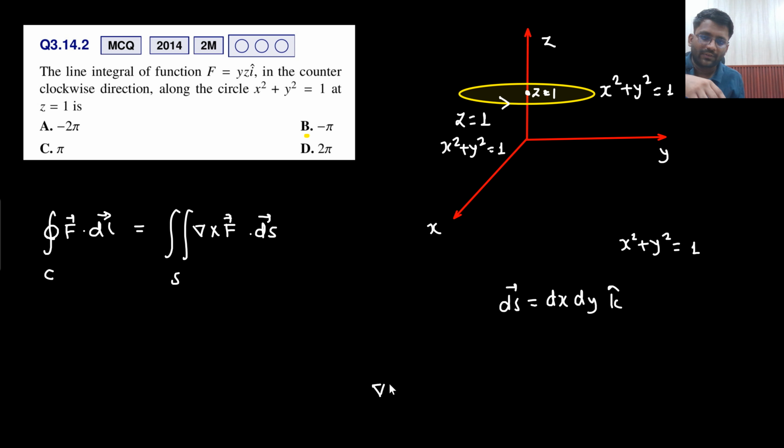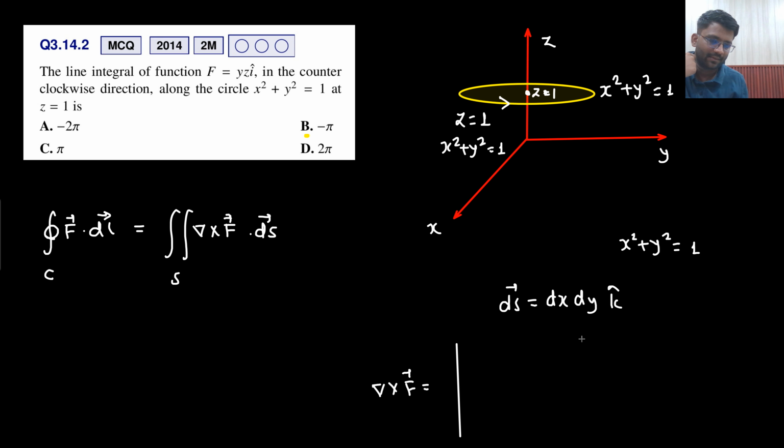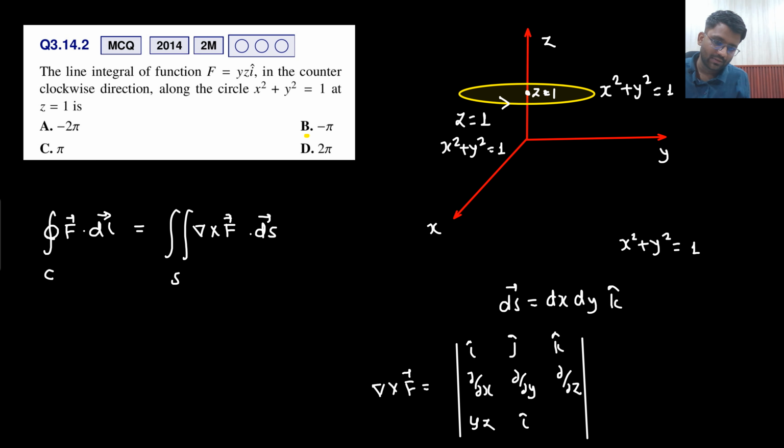So can I calculate del cross F? Yes sir, I can calculate del cross F very easily. i cap, j cap, k cap, del by del x, del by del y, del by del z, yz i cap and so on.